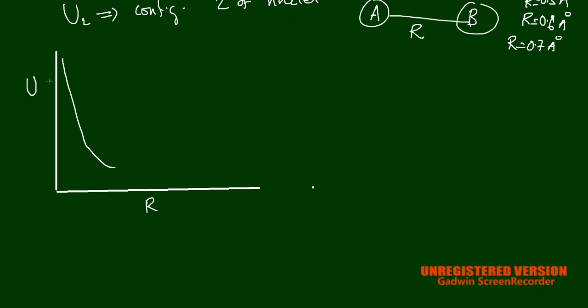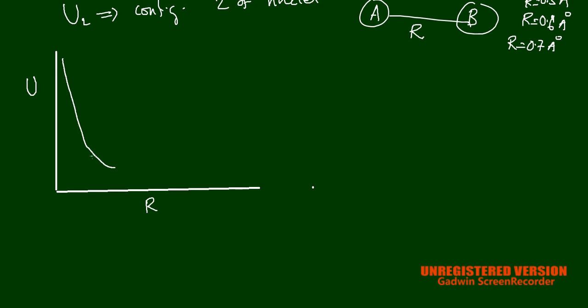It should not touch, because touching means it has some finite value. That is not correct. It means that it is exponentially increasing to infinity. It's like an exponential increase, going to infinity when the two atoms are coming close.